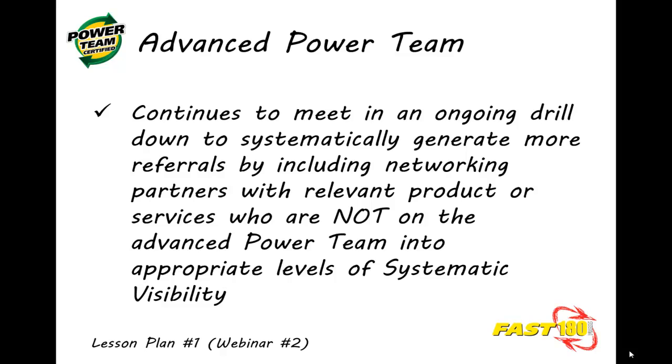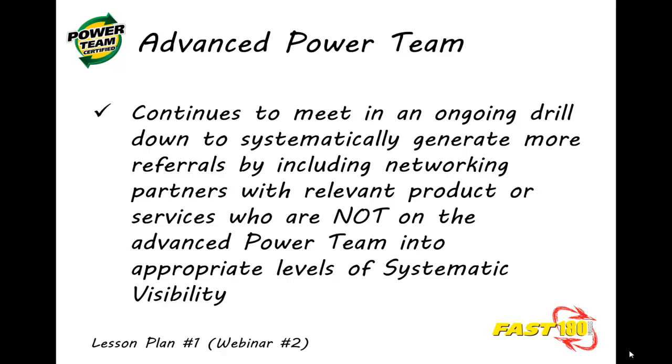we're just saying that the advanced power team continues throughout time, and we can get your chapter into an advanced power team setting within probably 5 to 6 weeks if it's a good strong group. But even if you never advance to the advanced power team, even if you simply peak, if you will, at the bragging buddy stage, you're going to be making more money and creating more referrals.